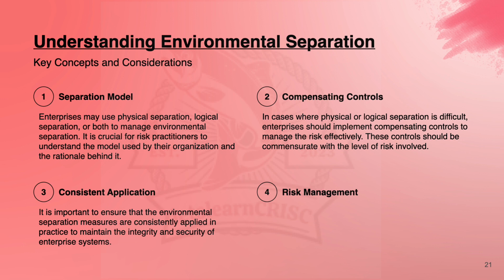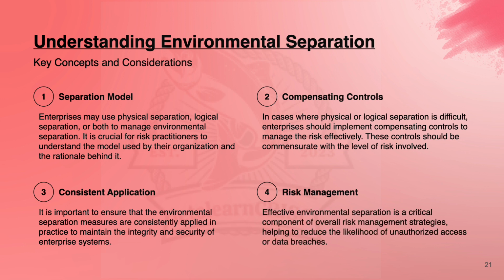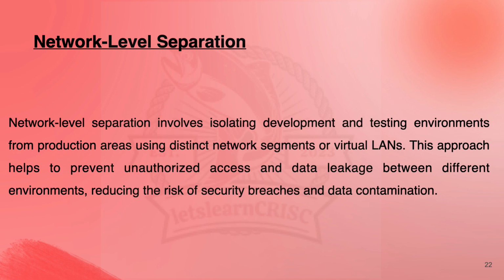Right? Moving next, we'll discuss some network level separation. Friends, network level separation means keeping development and testing environments isolated from the production area using distinct network segments in the virtual LAN. Right? So this prevents unauthorized access and data leakage between the different environments.